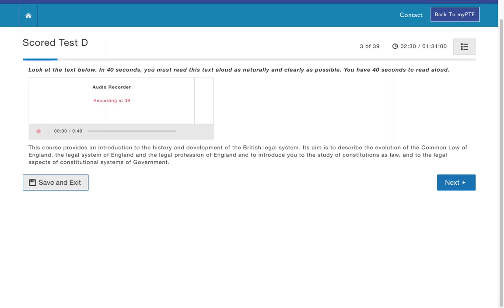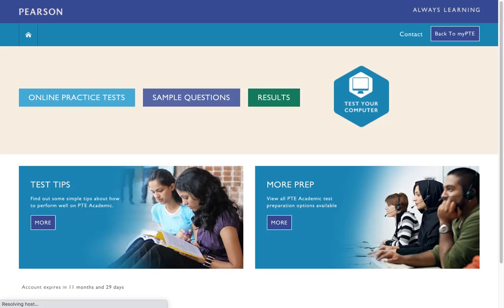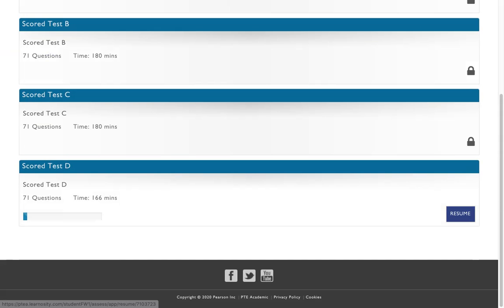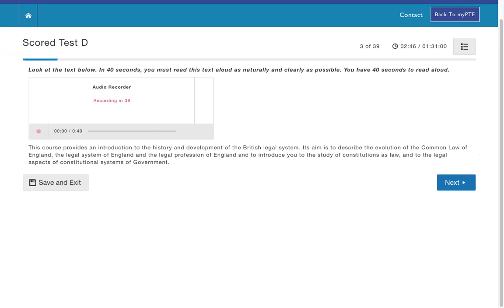Its aim is to describe the evolution of the common law of England, the legal system of England, and the legal profession of England, to introduce you to the study of constitutions, and the legal aspects of the constitutional system of government.